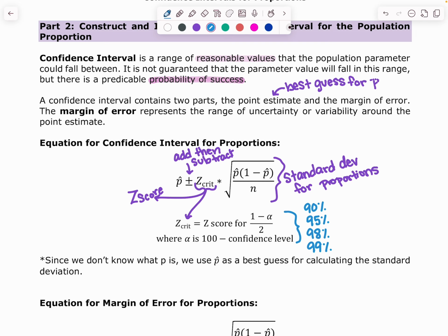So if you have a 90% confidence interval, alpha is 100 minus 90. So alpha is 10%. And then the z-score is found by taking 1 minus the 10% as a decimal, dividing that by 2.